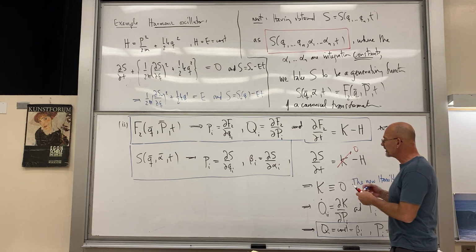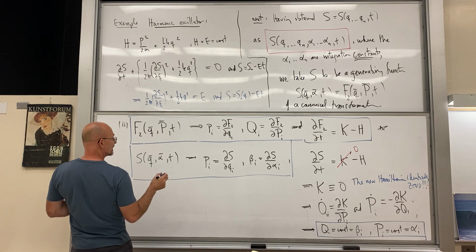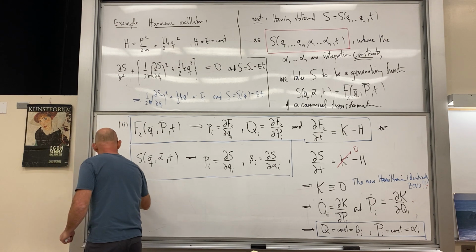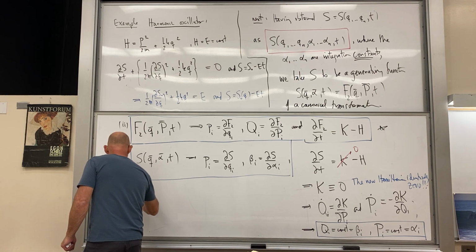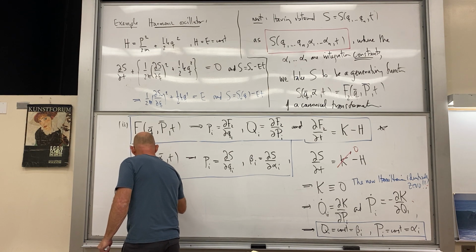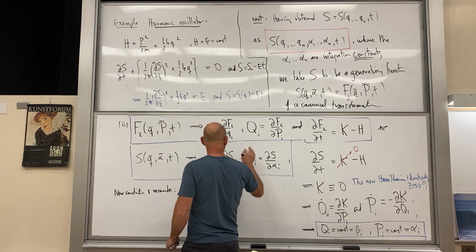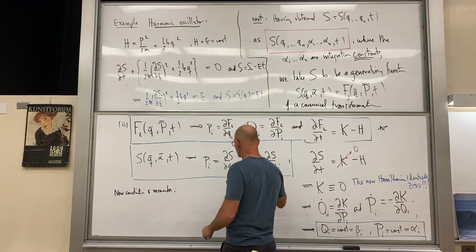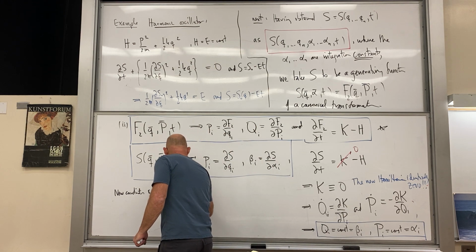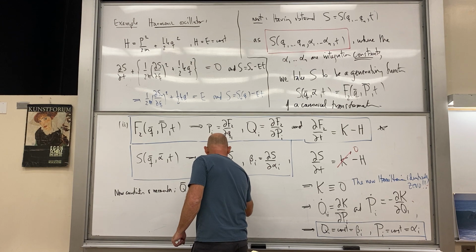Okay, so now we can draw the conclusion from this. New coordinates and momenta, and that is our Q's and capital P's, but now we're calling them beta and alpha. So Q is beta by definition, P are these alphas.